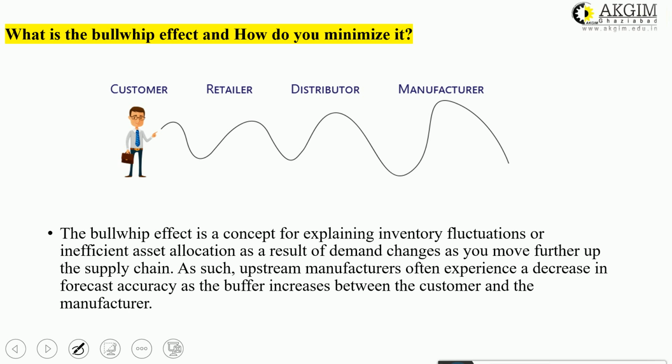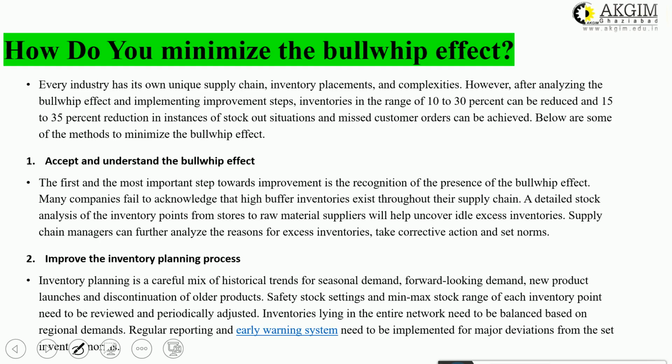But each influences the entire chain with their forecasting inaccuracies, right? And this is because of the inaccuracy in this entire chain.